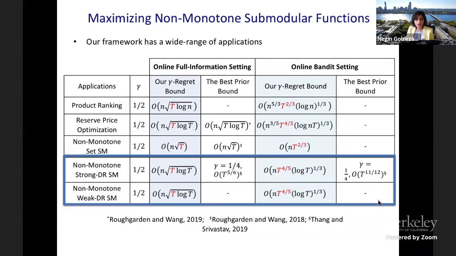Let me highlight that the result for continuous submodular functions is quite interesting, because for weak DR, there was no result in the literature prior to this work. And for strong DR, we significantly outperform the existing result, even in terms of the approximation factor. We get a 1/2 approximation factor, which is the best possible, and they get 1/4.